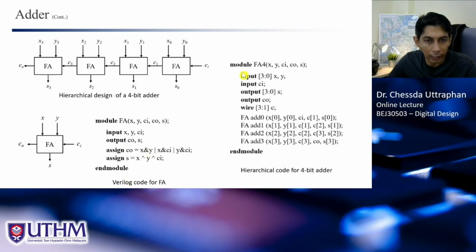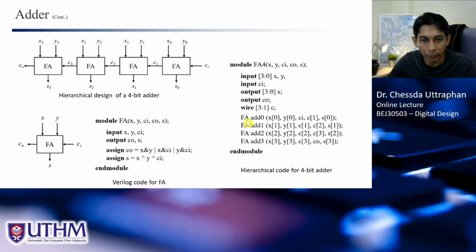And for that, we can have a 4-bit adder where we can import or instantiate this FA into a new design, FA4 here. This is FA for one module, and this is FA4 for the complete 4-bit adder.